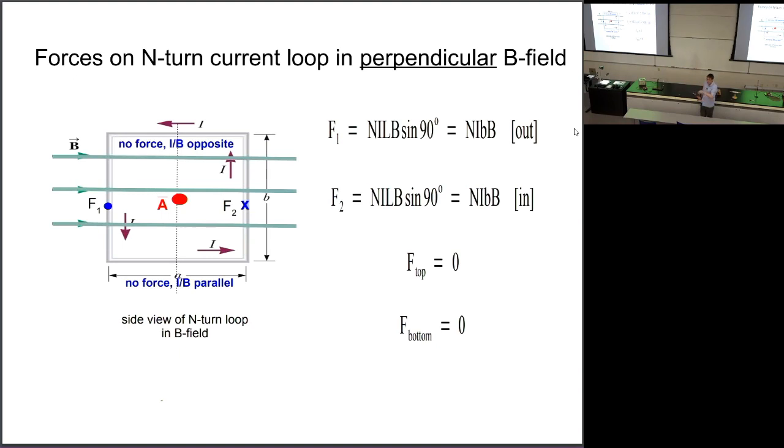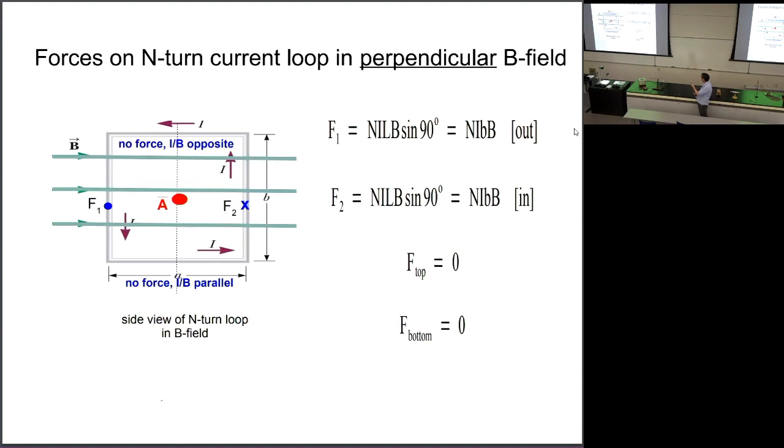Just to make this a more general problem, because we often have loops made of many turns of wire, one on top of another, the current down one arm, the left arm or the right arm, if you've got N turns, is the current I in each turn added up for the N turns. So it's going to be NI. The NI is just the total current that flows down the left, total current that flows up the right. And I've just incorporated that in this equation here.